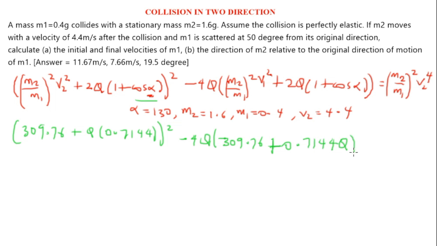If we do that, it has to be equal to this as well. If you square m2, which is 1.6, over m1, which is 0.4, if you divide it, you will have 4.